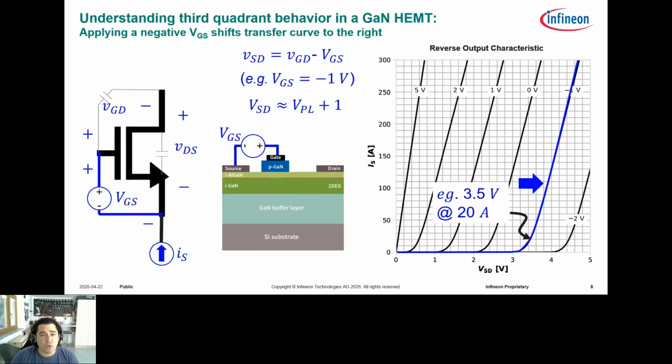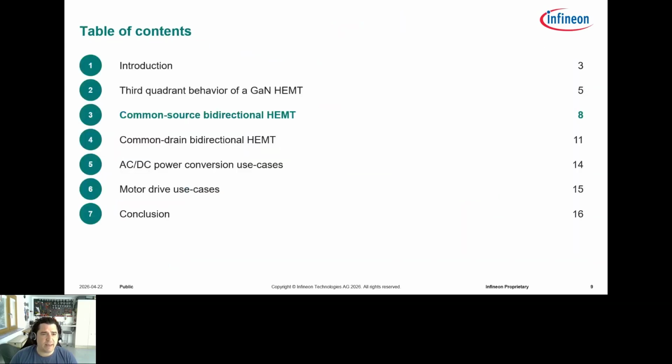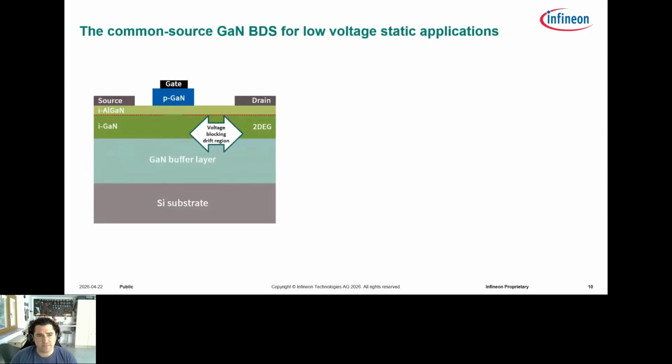This would be a little bit strange, but if you apply -100 volts to that gate, then you have forced the body diode voltage, the voltage at which it will conduct, to 102.5 volts, meaning that now you have a switch that can block 100 volts in both directions if you turn it off with -100 volts on the gate. So this, in fact, is what we're doing when we make a common source bidirectional HEMT.